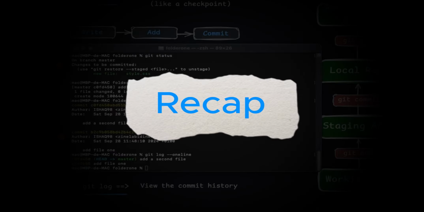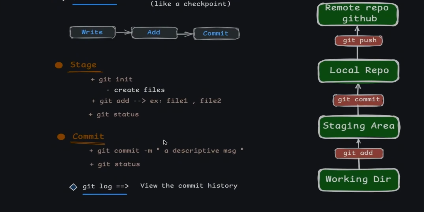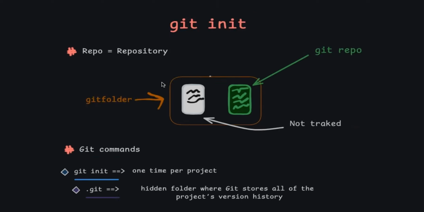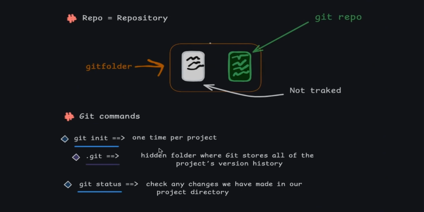And let's recap a bit what we have just learned in this part 2 of our course. We learned how to initialize a Git project, initializing the Git project with the essential commands, for example, git init. And we learned about the hidden folder where Git stores all of our project version histories, and git status, the magic one, which checks our status.